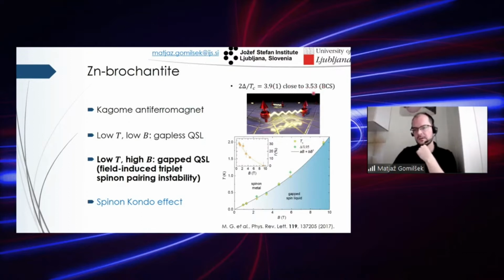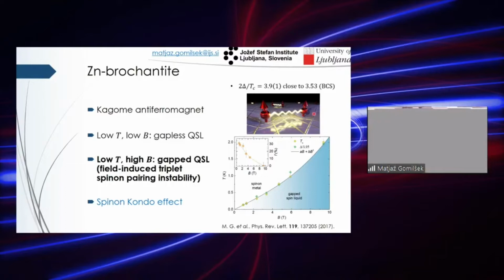So theory also predicts this kind of effect, and it says that it occurs due to spinon pairing instability in a magnetic field. So a magnetic field helps induce some extra gauge interactions between the spinons, which then act as a glue, forming singlets, or triplets actually, of pairs of spinons.